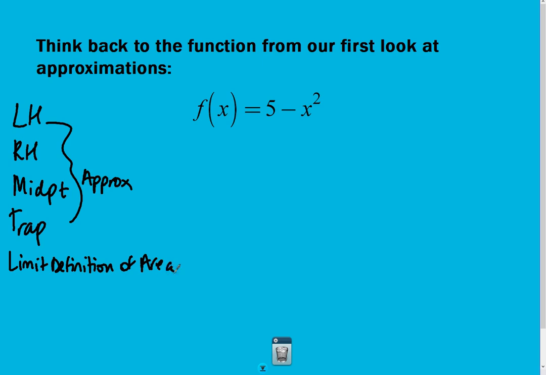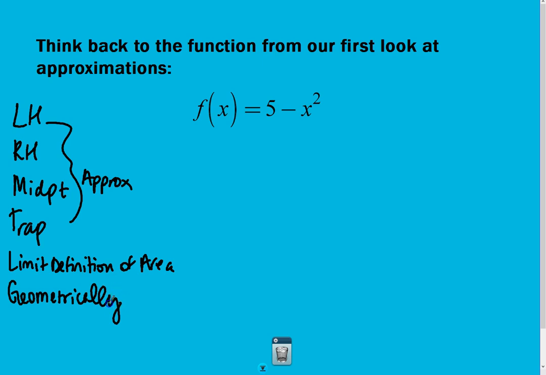We also, to find area exactly, in some cases, could use a geometric approach if we had a nice pretty shape that we knew how to work with. So that was how we found the area.